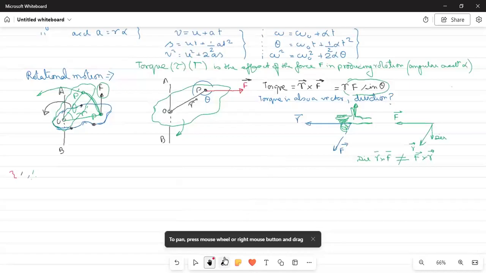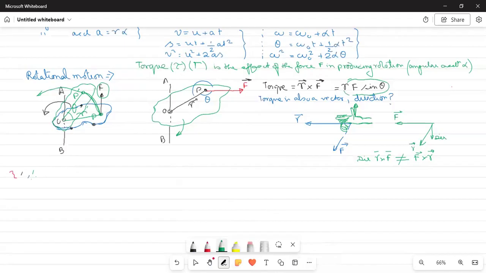Then we go to the point. So we have understood what is torque. Torque is the cross product of position vector and force vector. Now let us see the significance of torque. That is most important.